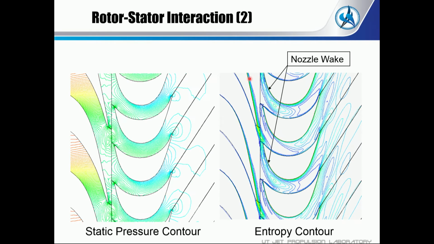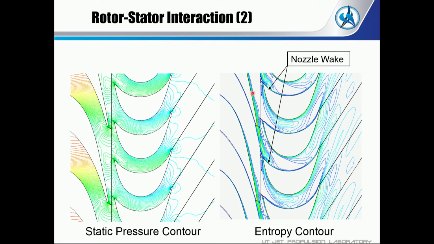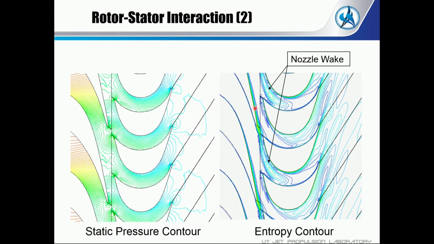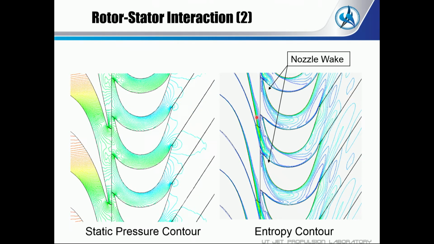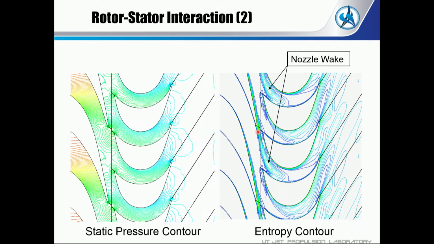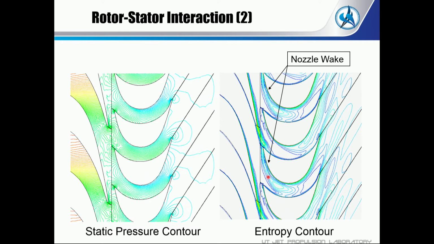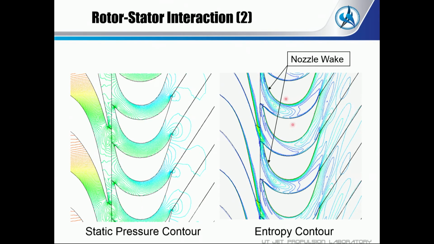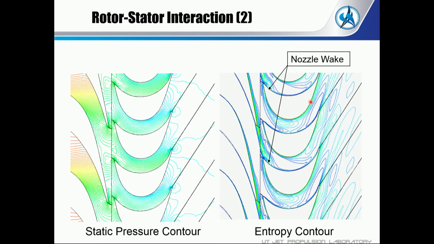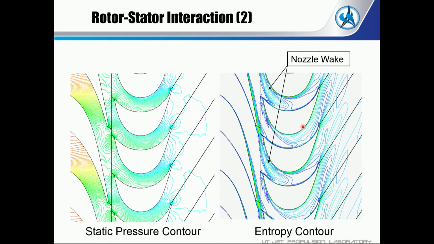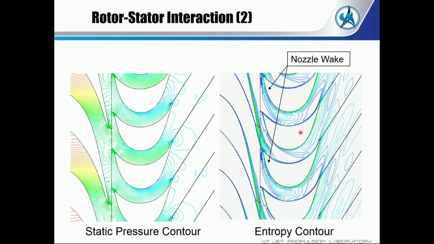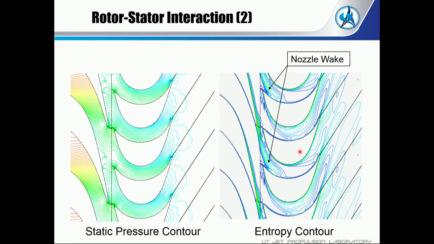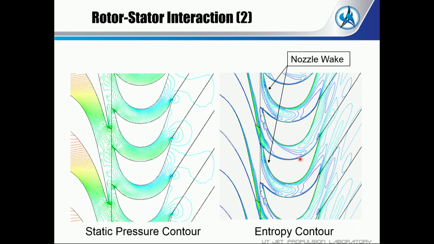This is the boundary layer on the suction surface of the nozzle. The wake comes here and flows into the rotor channel like this. In this situation, the rotor experiences a very big change in the aerodynamic force.